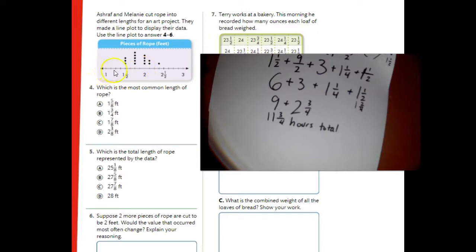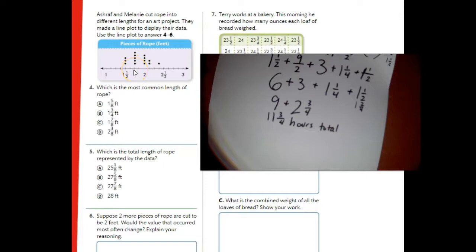Let's see, there's 1 space, 2, 3, 4, 5, 6, 7, 8. There are 8 spaces. So all of these are divided into eighths, right? This would be 1/8, 2/8, 3/8, 4/8. Remember, 4/8 is the same as 1/2. 5/8, 6/8. So this is the tallest tower.